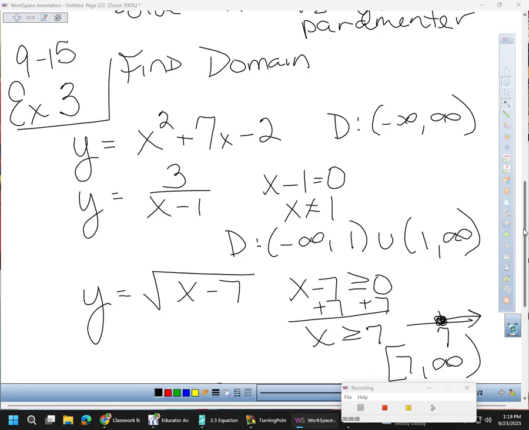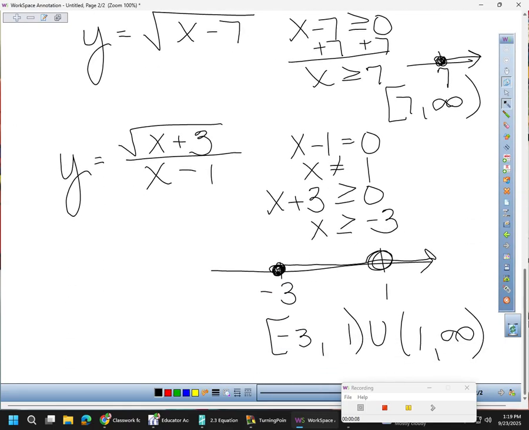That's where x cannot exist. In number 3, we said there was an x in a square root. So we took what's under the square root, set that greater than or equal to 0 because it has to be positive, and solved it. That gave us where it can exist. In the last one, we had both instances that we said yes to. So we had to do both of them.